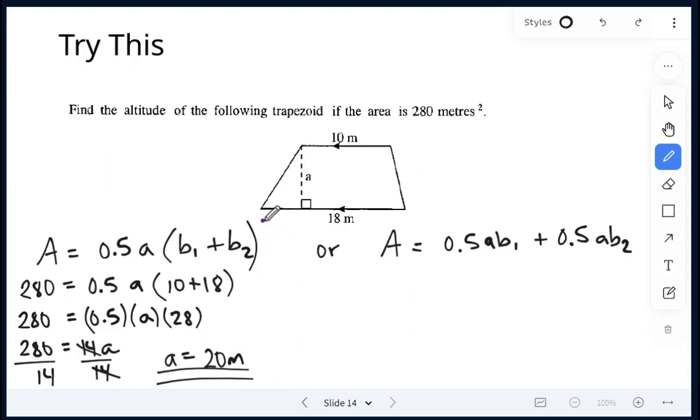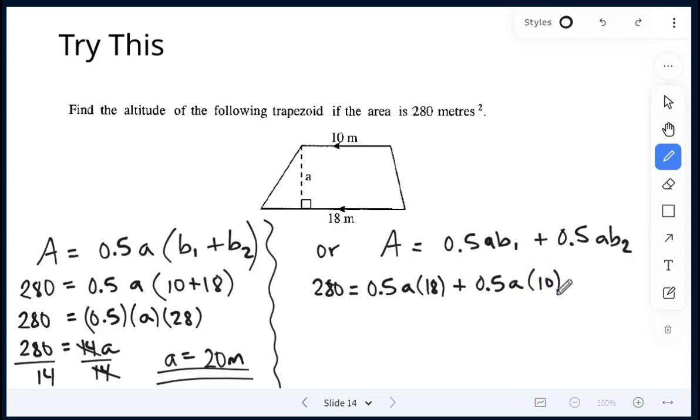All right, if you use the other trapezoid formula, that's fine as well. So 280 is equal to 0.5 A, and then base 1 is 18, plus 0.5 A, base 2 is 10. Then we would just multiply 0.5 times 18, that gives me 9A, and 0.5 times 10, that gives me 5A.